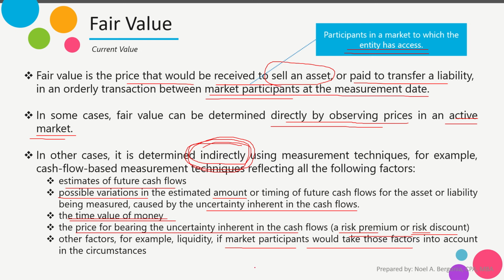So again, fair value is more on the price, okay, that you will put into an asset being sold o kaya naman paid to transfer a liability, okay, which considers market participant, and fair value could be observed either directly and indirectly through some measurement techniques.